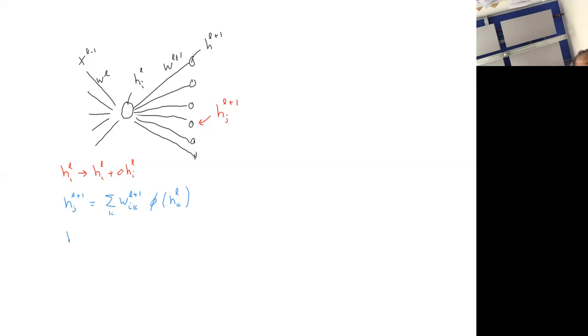So H_j^(L+1) goes to, basically, the sum on k, k not equal to i, of W_jk^(L+1) phi of H_k^L, plus the only thing that really changes is W_ji.